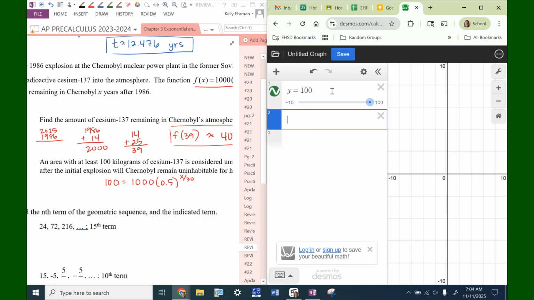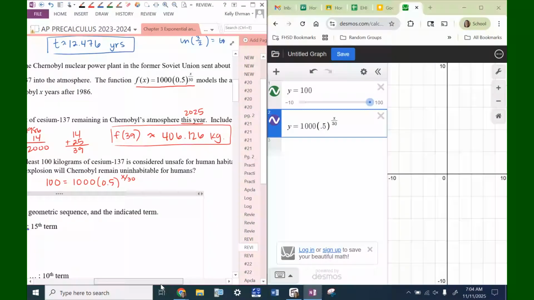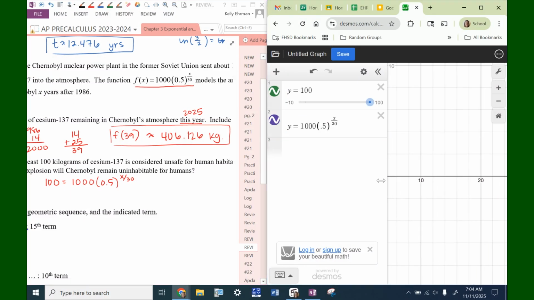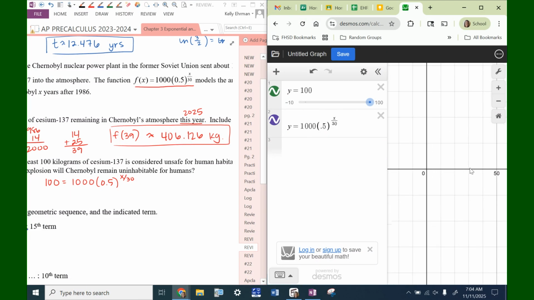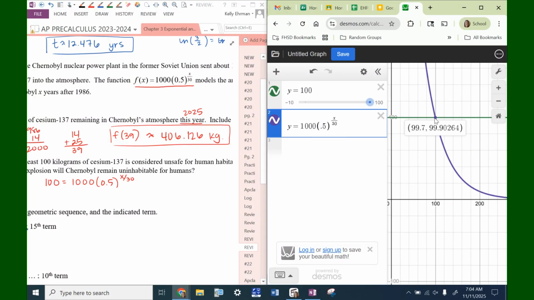And y equals 1,000 times 0.5 to the x over 30. Now remember, when we put in 39 years, we still had 406. So it's going to have to be way out past 39. And I do want the 100 to show. So there's the 100. If I just scroll out a bit, right there.